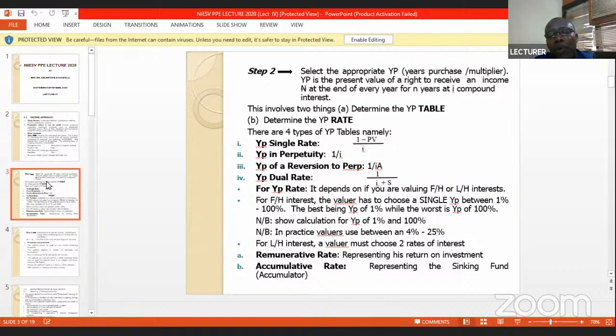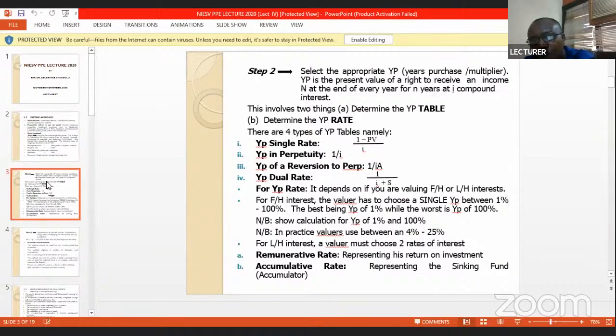the formula is 1 over I, and I represents 1%. If you do that calculation, it translates into 1 over 1 multiplied by 100 over 1. When you cancel out, you will see that the YP you have is YP of 100.